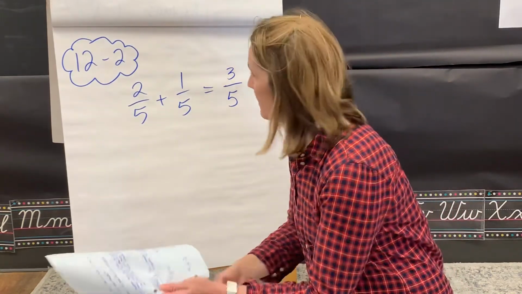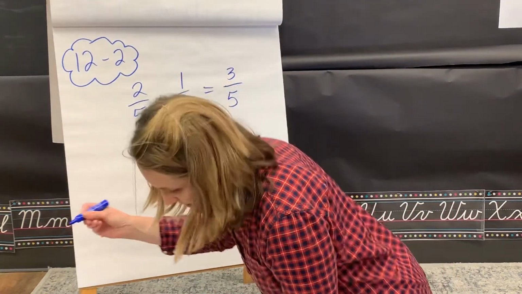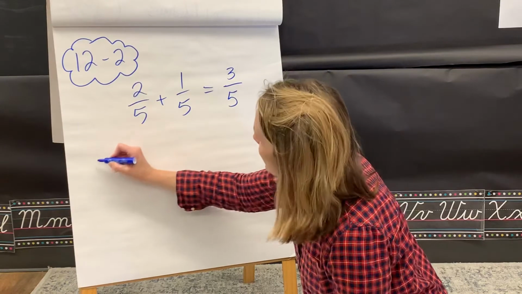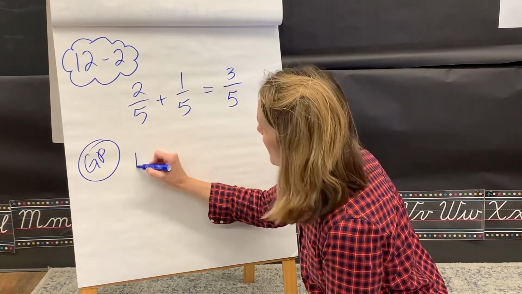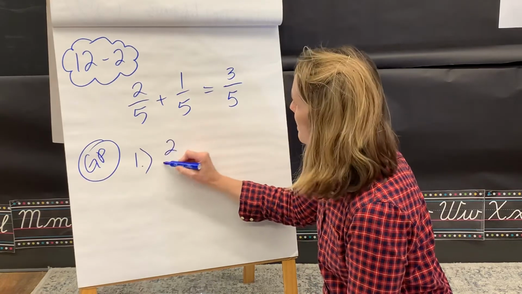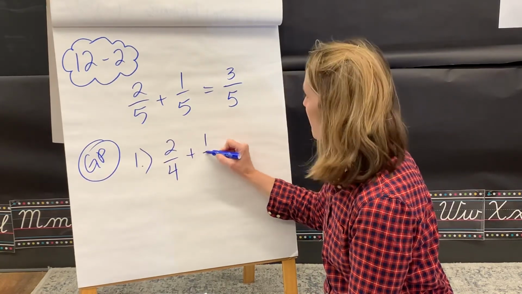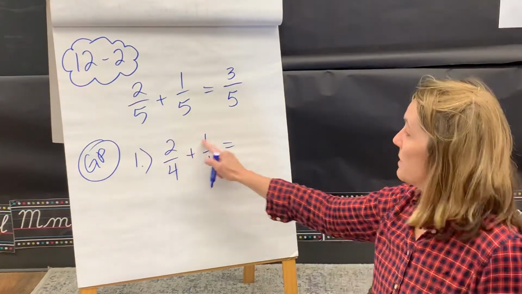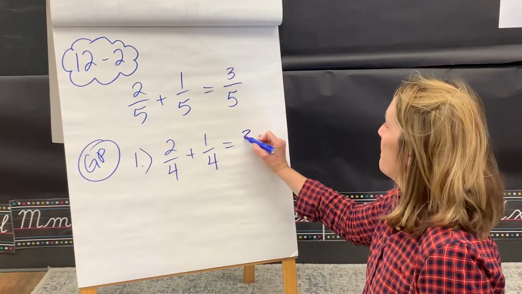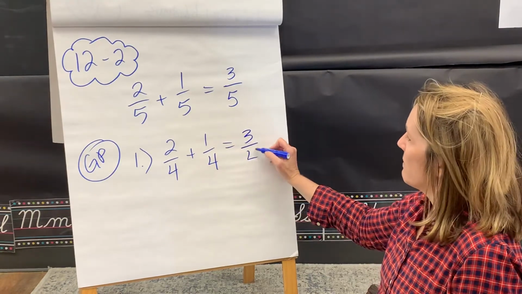Let's do an example. So again, following the lesson, this is the GP, okay? GP says, on number 1, 2/4 plus 1/4. What does that equal? 2 plus 1. Yep, 3. And then we carry the 4 over. Easy enough.